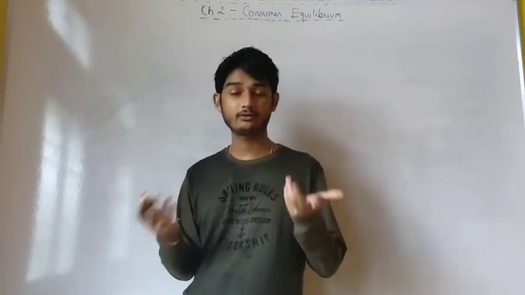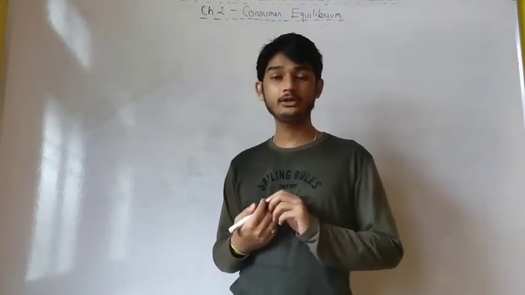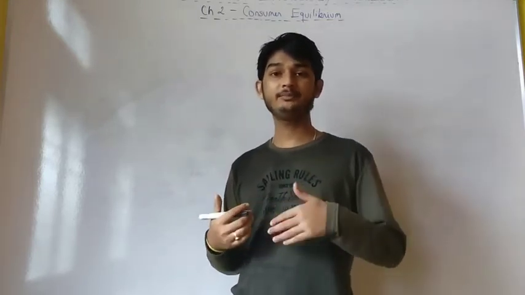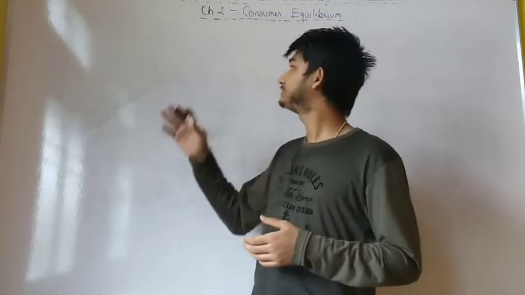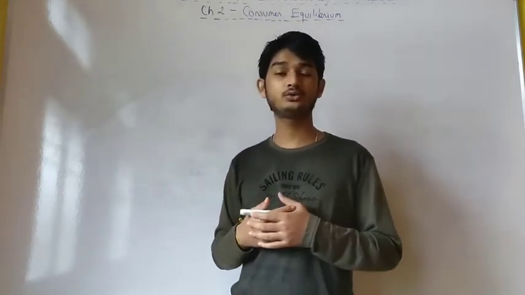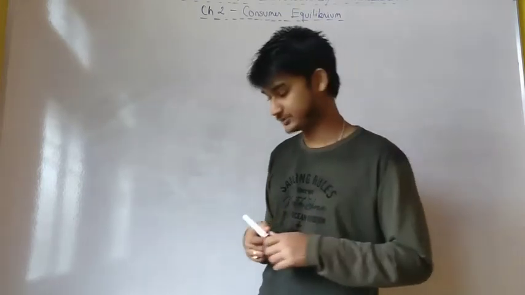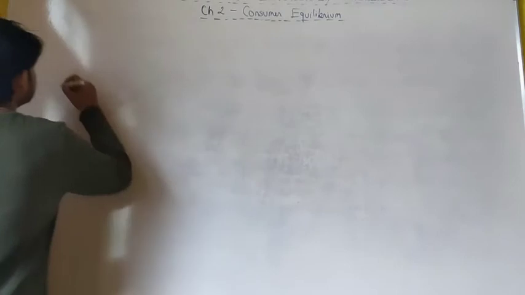Then we talked about the assumptions of utility analysis. In this video we will go a little further in this chapter, and today we will talk about the two types of utility and their relationship. So let's start.